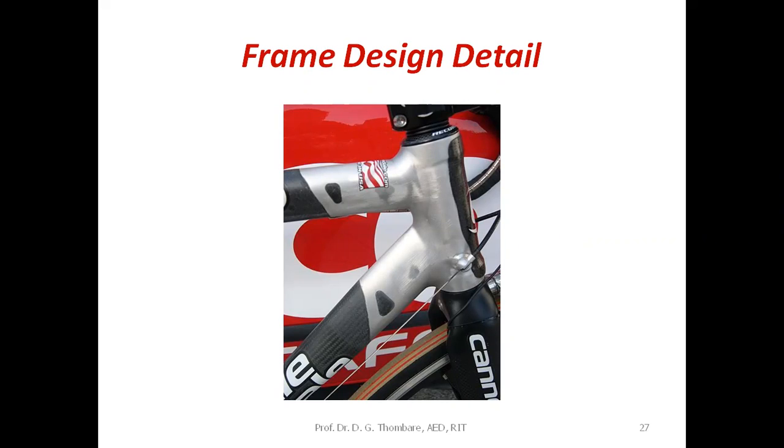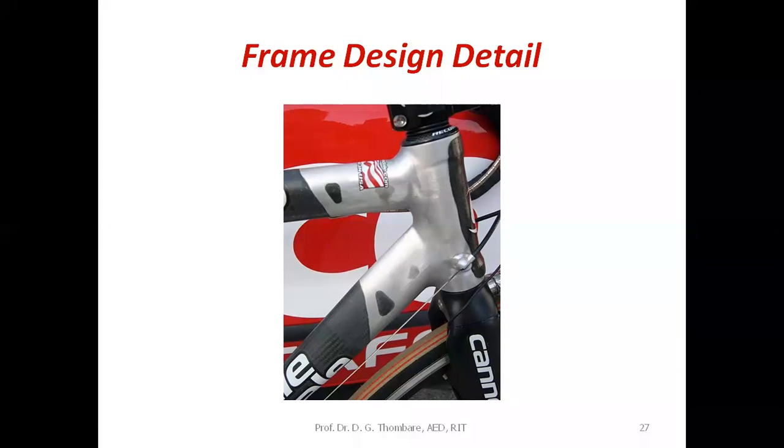I had given another image which speaks about how complicated a shape there is to make a frame by means of fiber reinforced plastic. A front joint where steering column of front wheel is connected and handlebar is connected. This portion is very complex, and in addition to that, it requires very high strength, because if this fails, the driver may fall on head and it may cause severe head injury.